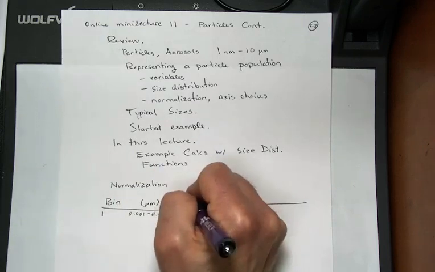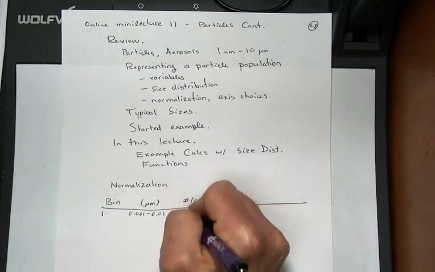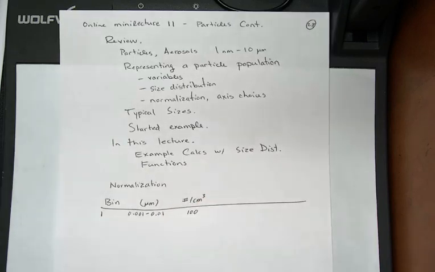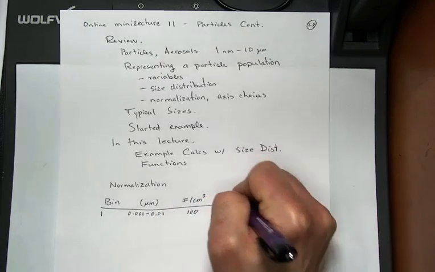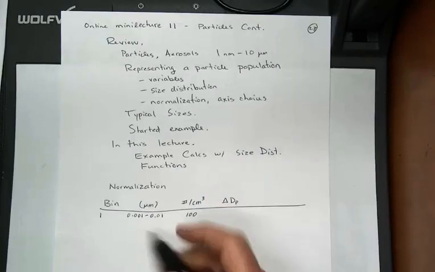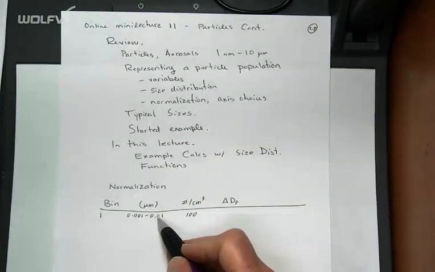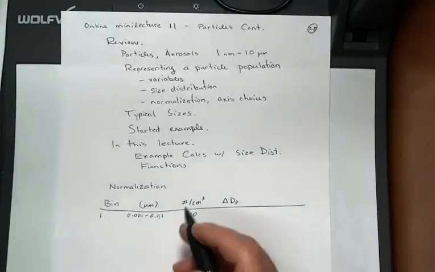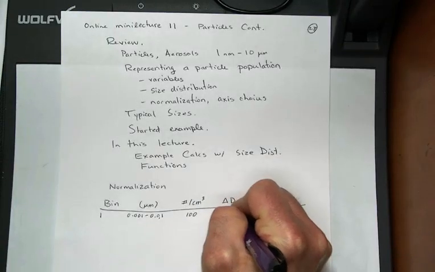And that bin had 100 particles per cubic centimeter of air. The change in width is the right side of the bin minus the left, so that's 0.009.